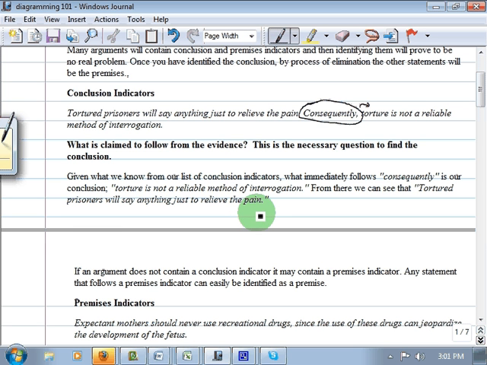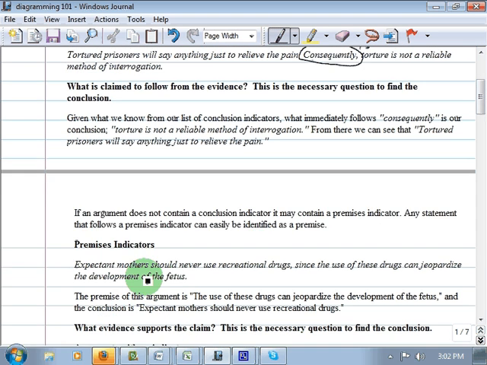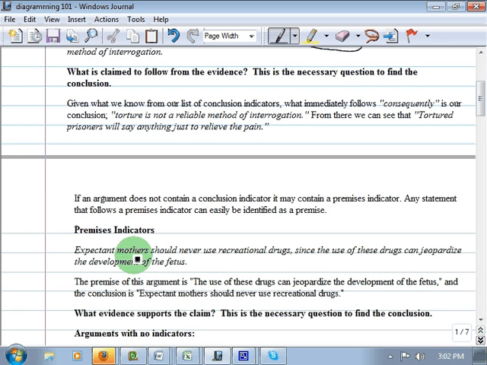If an argument does not contain a conclusion indicator, it may contain a premises indicator. And any statement that follows a premises indicator can be identified as a premises. So, here we go. Expectant mothers should never use recreational drugs since the use of these drugs can jeopardize the development of the fetus. The first thing I want to do is start looking for indicators.